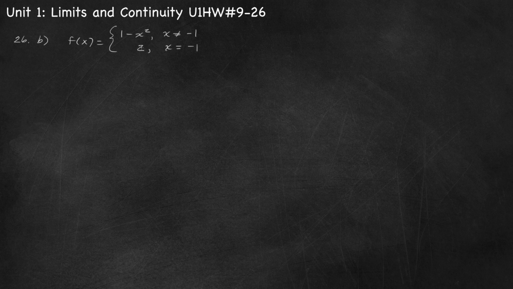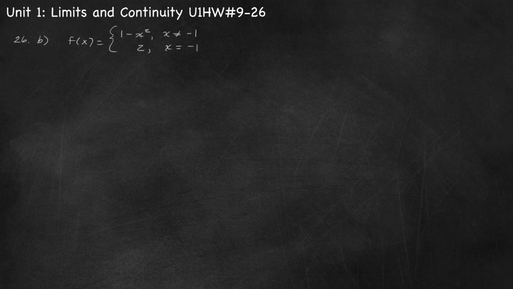Both of these pieces are continuous everywhere on their domains, so to find the limit, we simply need to use substitution. So really the only questionable point here is negative 1. When x is not equal to negative 1, to find the limit, we just substitute that value in for x, simplify, and we're going to get a real number.